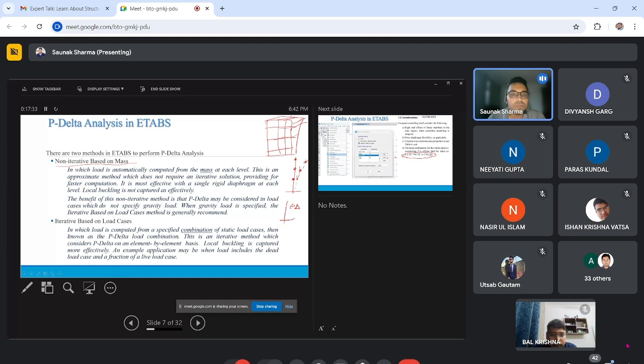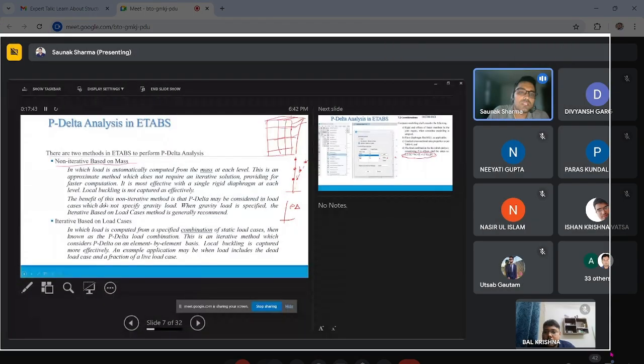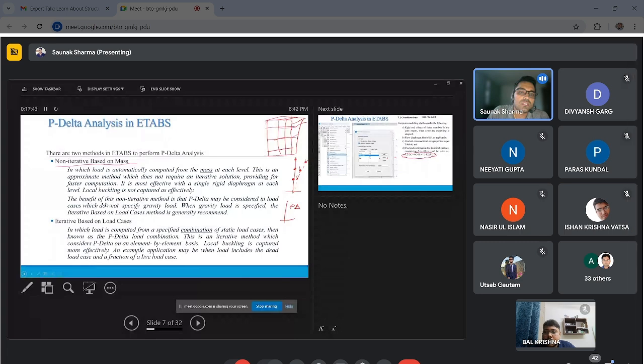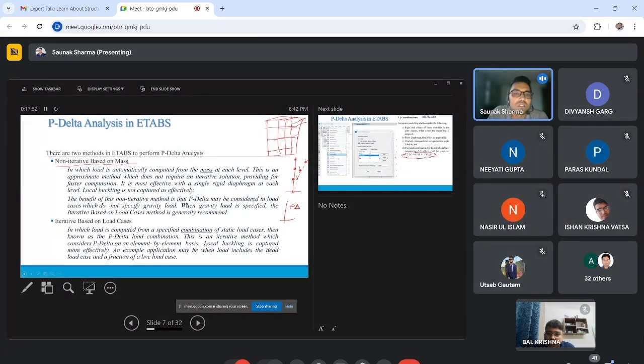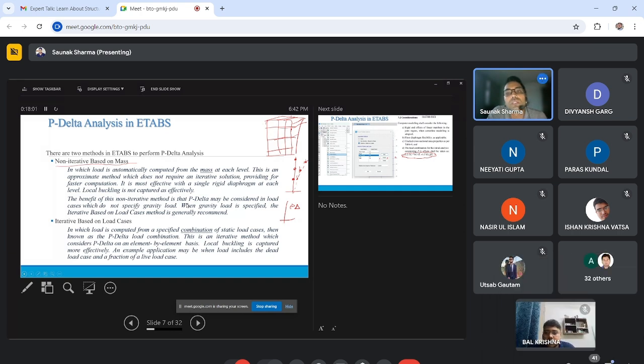But the benefit of this non-iterative method of P delta is that it doesn't consider gravity load cases, so it takes less computation time. It is not iterative, but when gravity load is specified, the iterative based on load cases method is generally recommended.